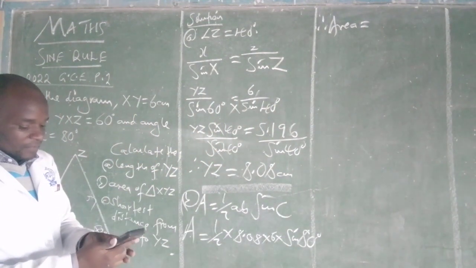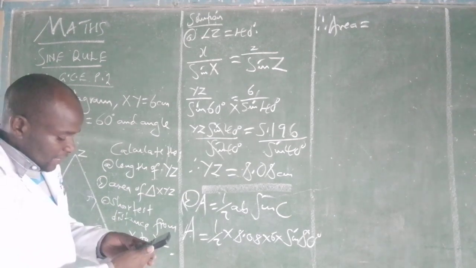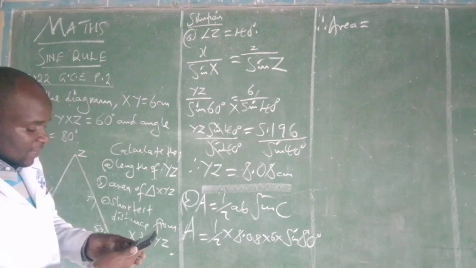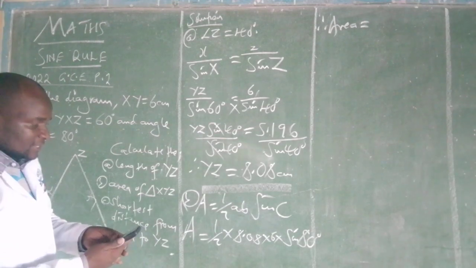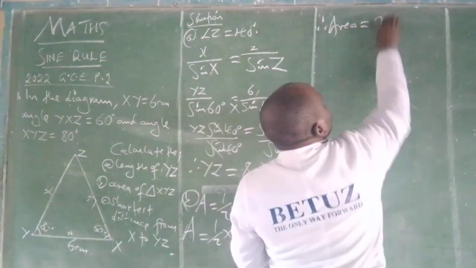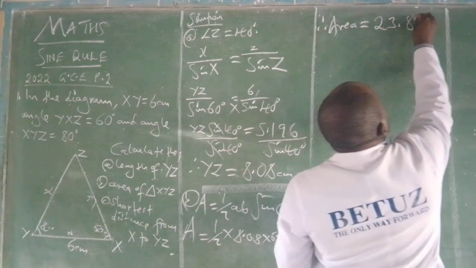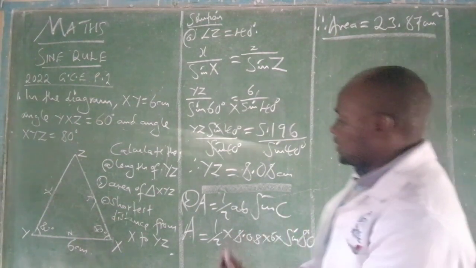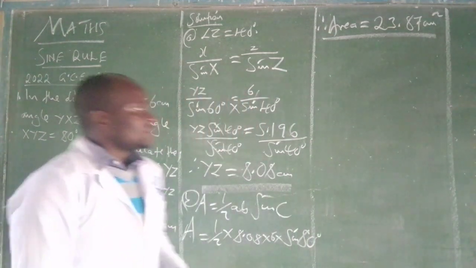You're going to have 0.5 multiplied by 8.08 multiplied by 6 multiplied by sine 80 degrees. So we're getting 23.87 centimeters squared. That is the area of our triangle XYZ.